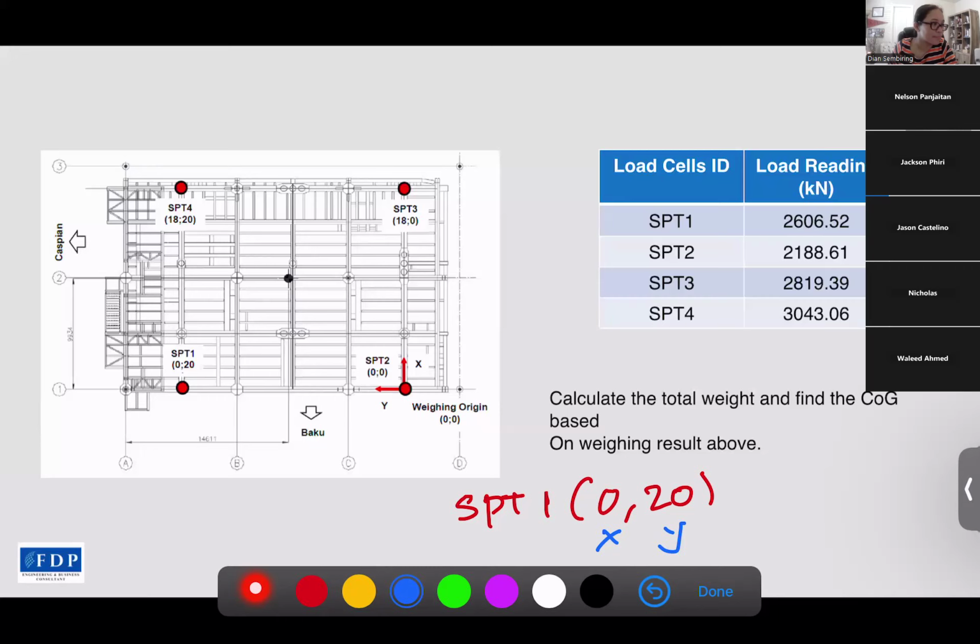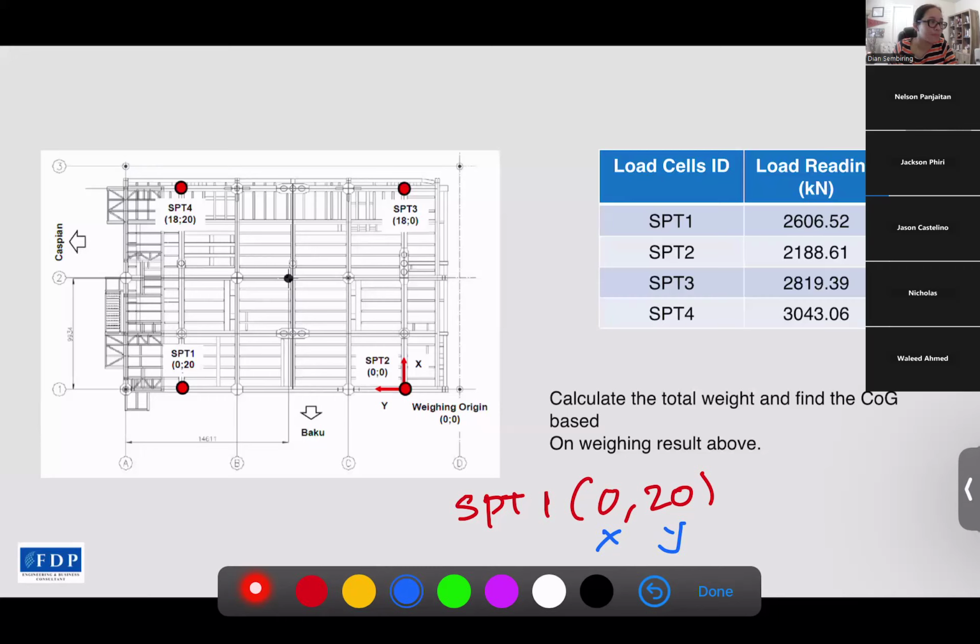We treat the load reading as a load, and from that, by using the formula as we discussed yesterday, we can find the combined COG. It will be the same basics even if we use the compression load cells.